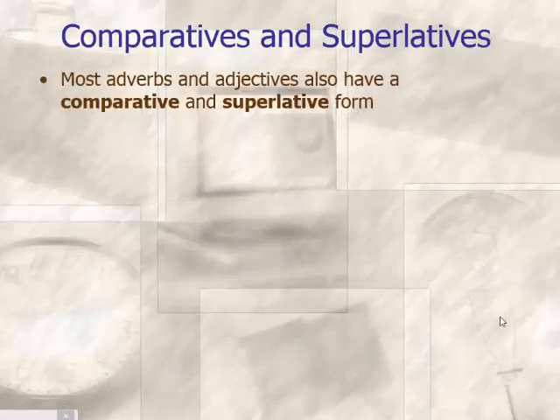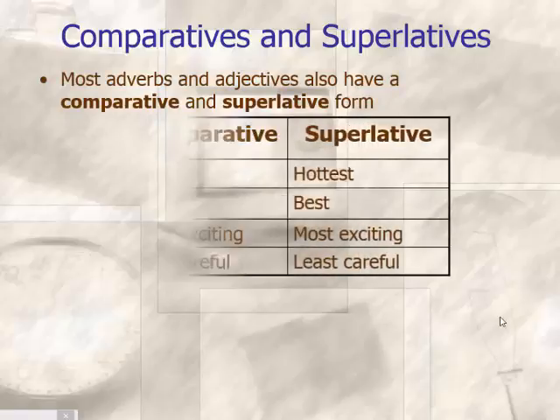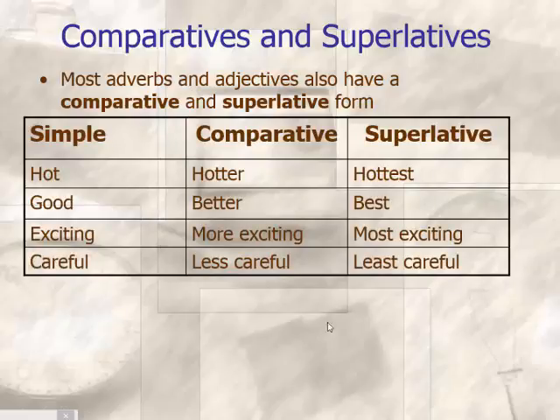Comparative and superlative. Most adverbs and adjectives also have a comparative and superlative form. Simple, like hot, comparative hotter, and superlative hottest. Good, better, best. Exciting, more exciting, most exciting.